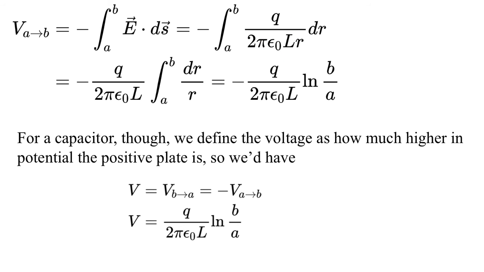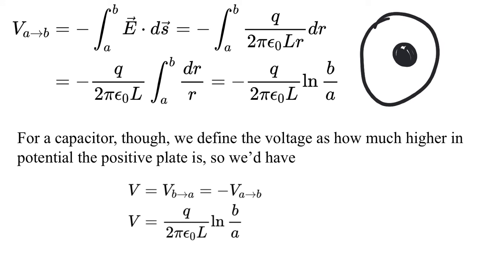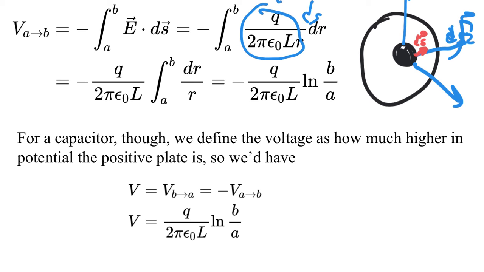I've picked this way because, as a reminder, the electric field is pointing radially outward, and I want to take my path ds to also be radially outward so that the dot product is just their product, E ds.